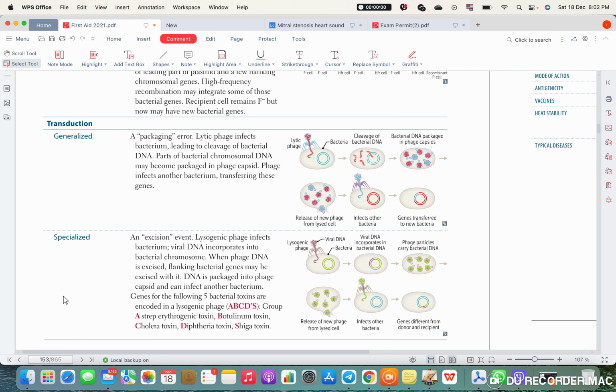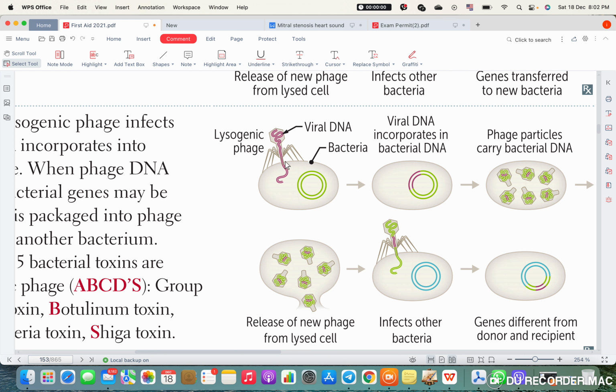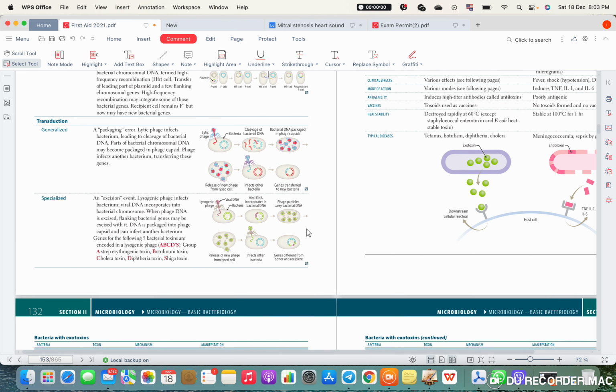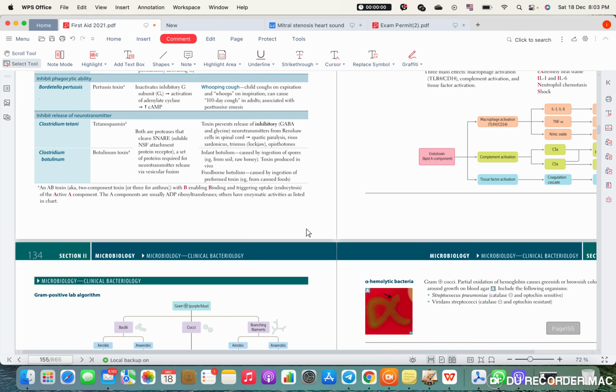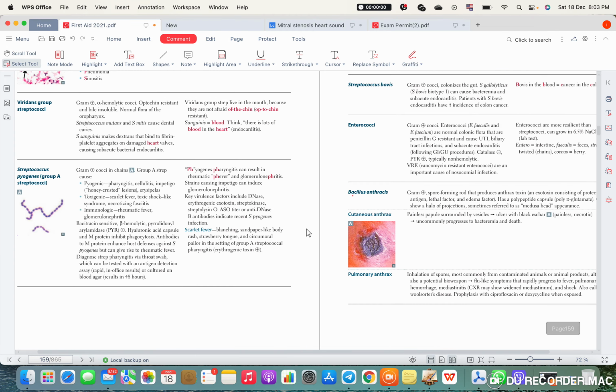So when we spoke about transduction, we spoke about specialized transduction, in which we can make the bacteria produce new toxins if a prophage, which is basically a virus-like structure, can transmit the molecular material from A to B. Yes, it's specialized transduction.